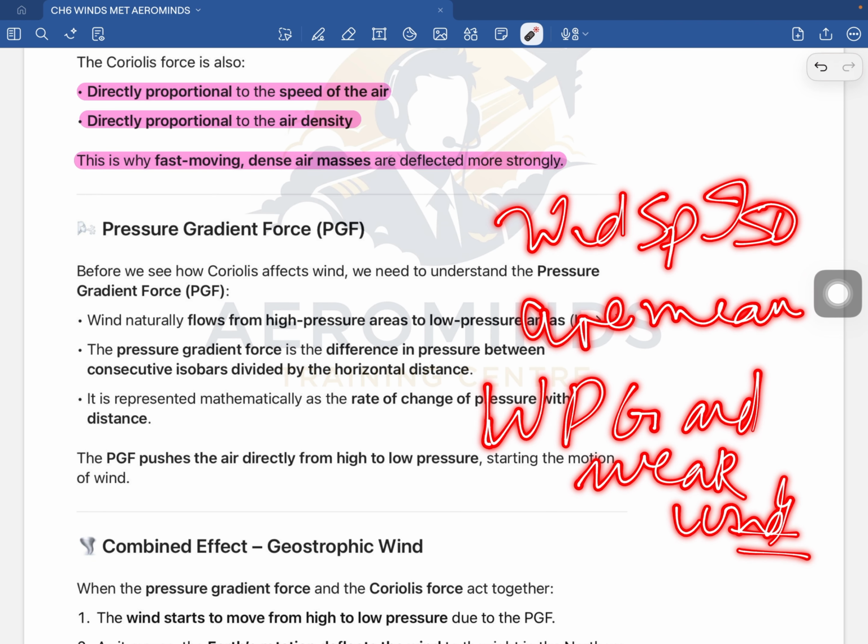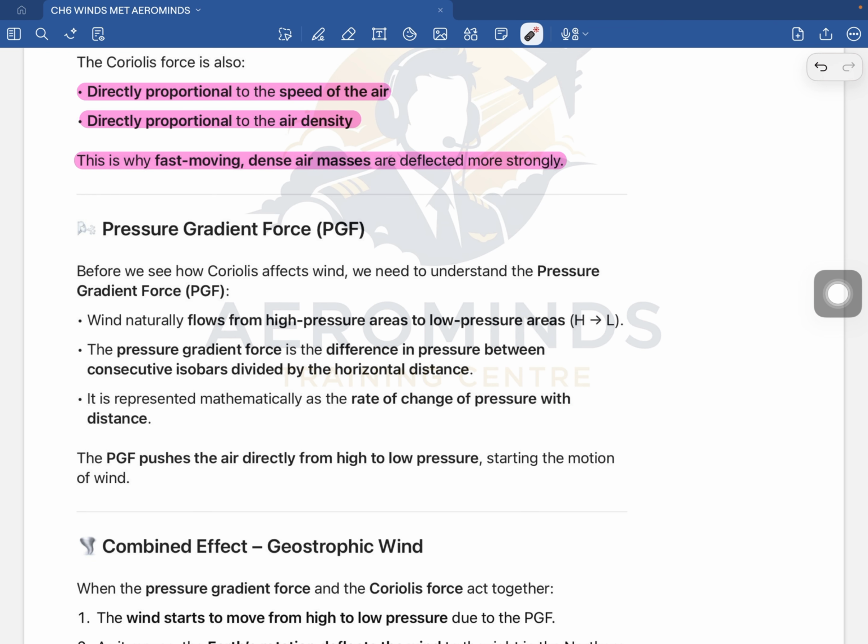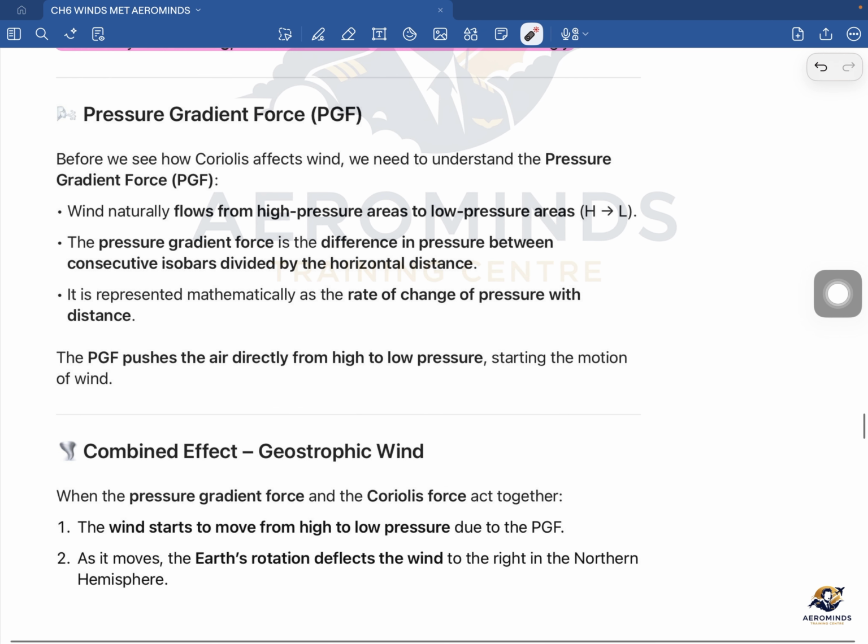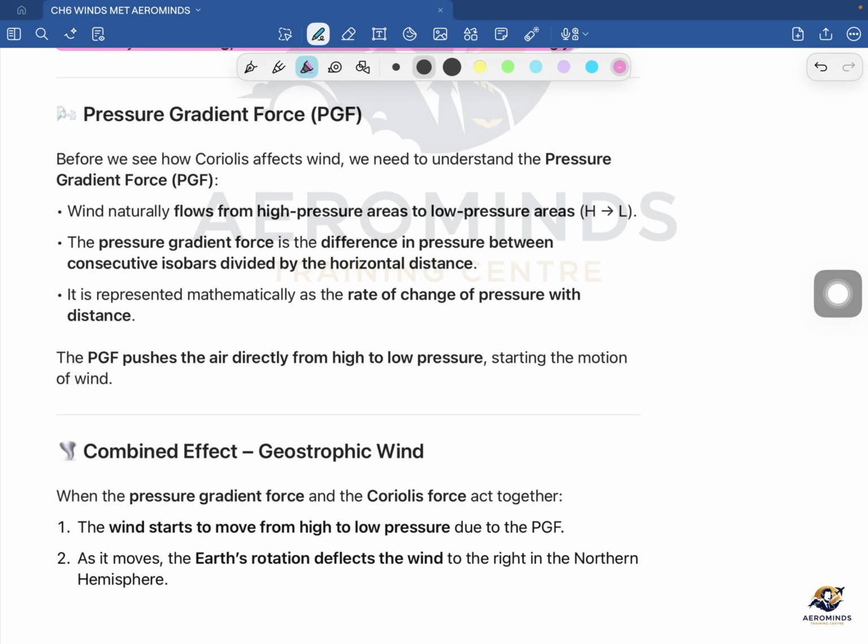Now this is a very common exam concept. The pressure gradient force always acts at right angles to the isobars and pushes the air directly from the high pressure area to the low pressure area. It does not care about the hemisphere or the direction; it simply pushes the air in a straight line from high pressure to low pressure. So remember, wind naturally flows from high pressure area to low pressure area.